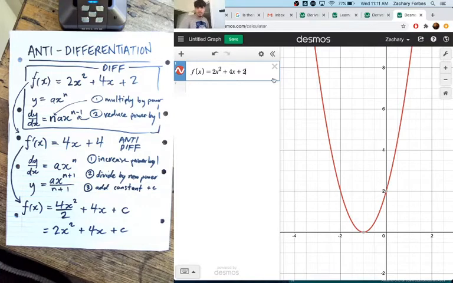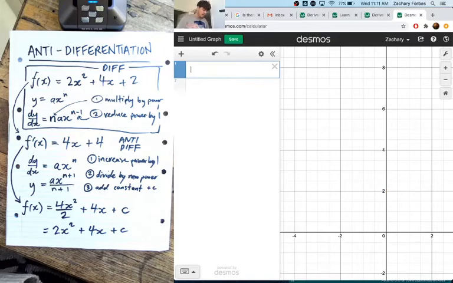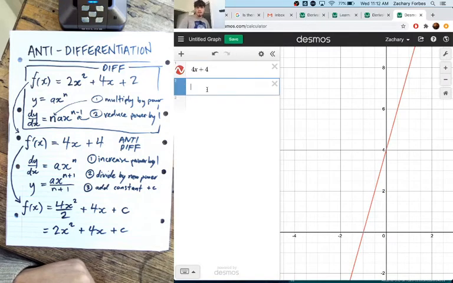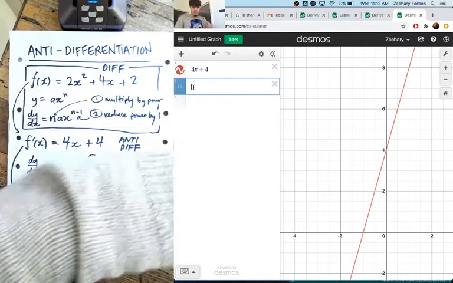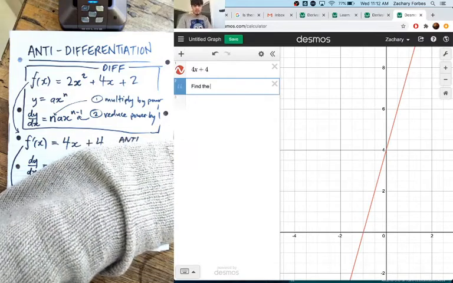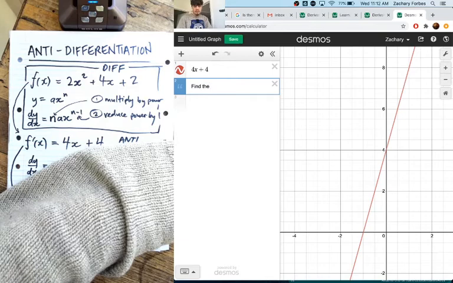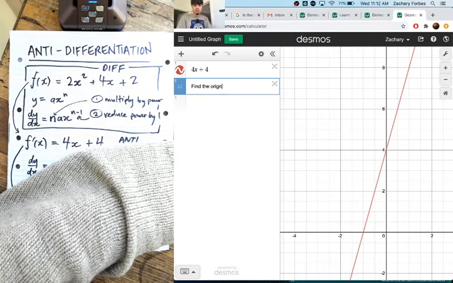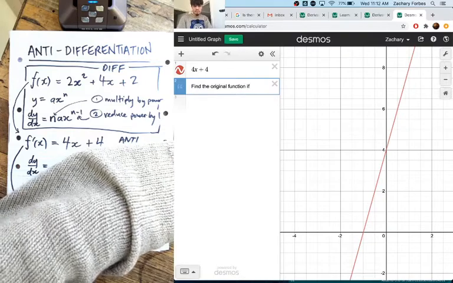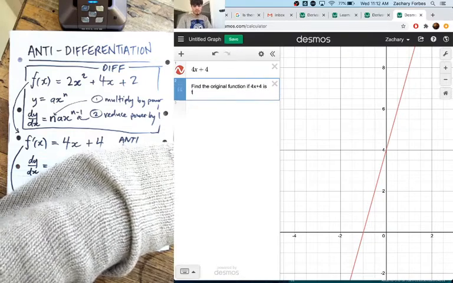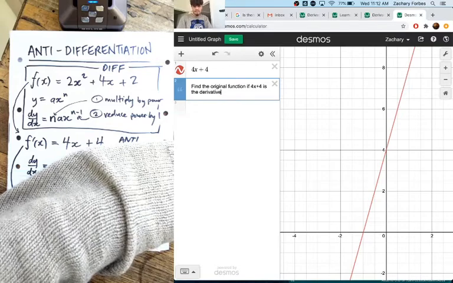So on the screen, I'm going to write up a new question. All right, so let's say we had a function that was 4x plus 4, right? And we got given the instruction, find the original function if 4x plus 4 is the derivative.